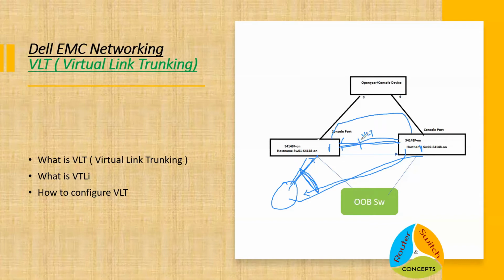If these links go down by any means, both the links go down, how will these two switches come to know whether they lost the connection? For their own communication, the VLTI communication only, they create a link called VLTI, and normally we create this link on management interfaces.